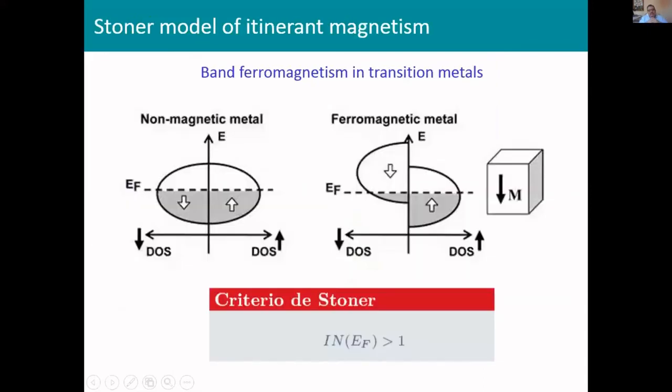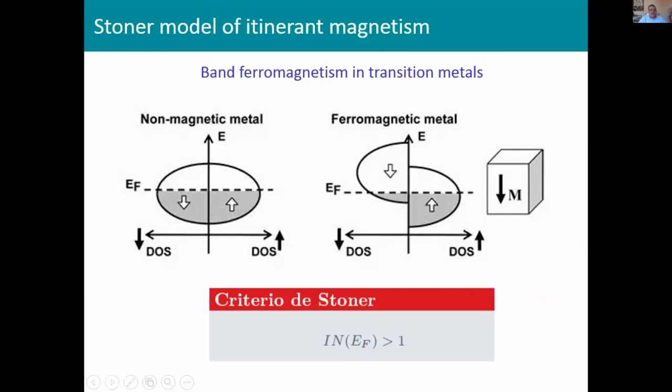Let me remember very briefly, the itinerant magnetism is conceptually based on the Stoner model, where we assume that we have a band producing a density of states for the spin up and the spin down.